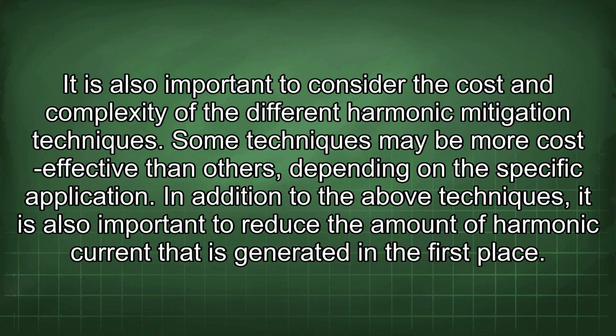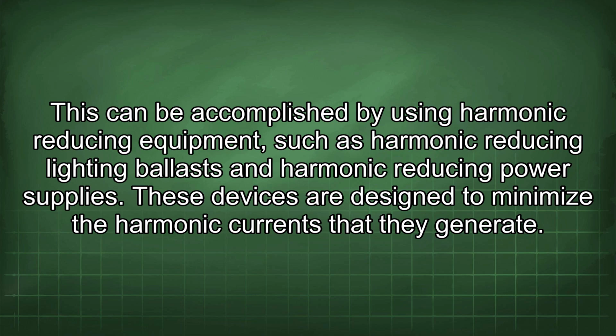In addition to the above techniques, it is also important to reduce the amount of harmonic current that is generated in the first place. This can be accomplished by using harmonic reducing equipment, such as harmonic reducing lighting ballasts and harmonic reducing power supplies. These devices are designed to minimize the harmonic currents that they generate.